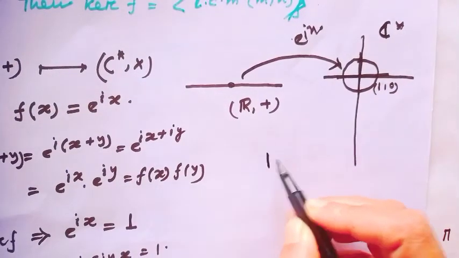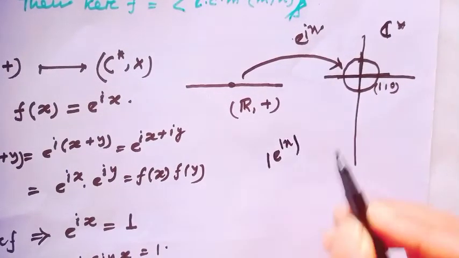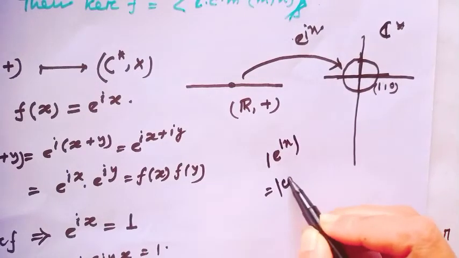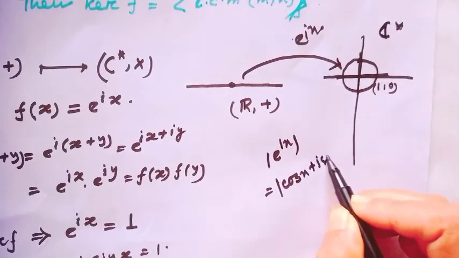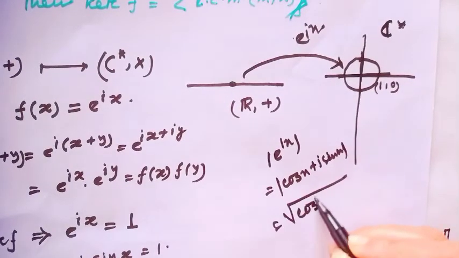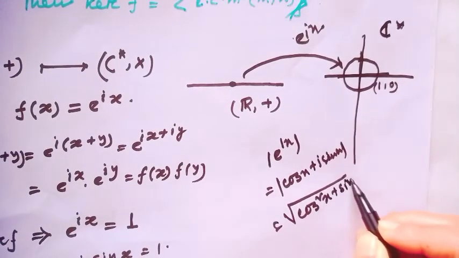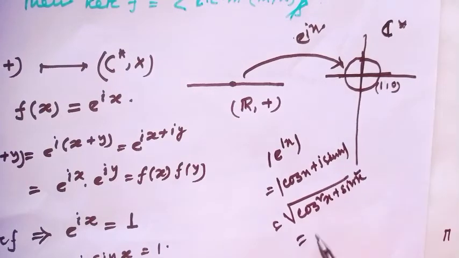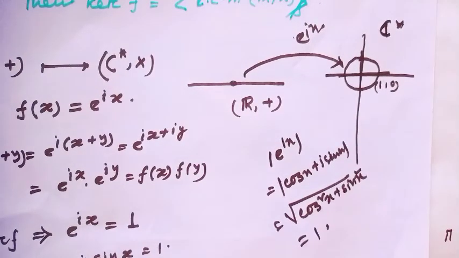We all know the modulus of e to the power ix equals cos x plus i sin x, which is equal to cos square x plus sin square x, which is equal to 1. That means the value of the modulus is 1.